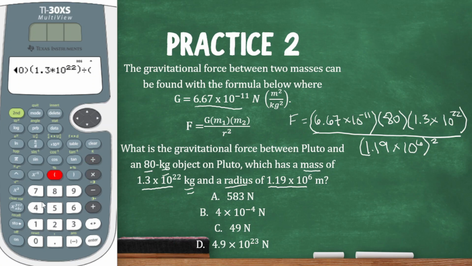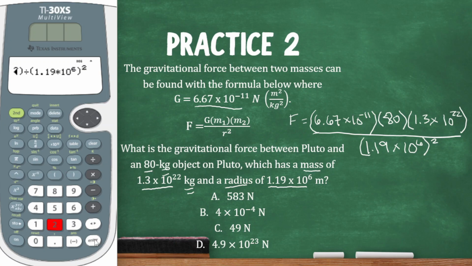So I'm going to put that in parentheses too, 1.19 times 10 to the 6th power, press the right button to get out of that exponent, close the parentheses, and then let's not forget our final squared here. So we're going to raise that to the 2nd power.